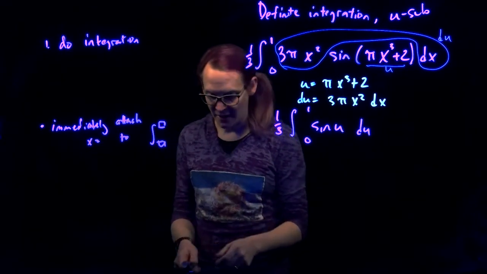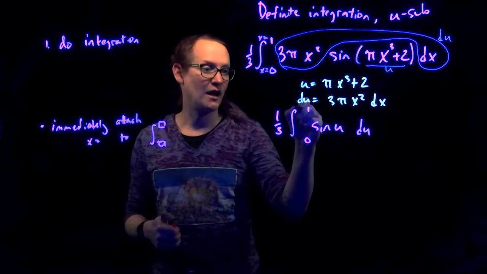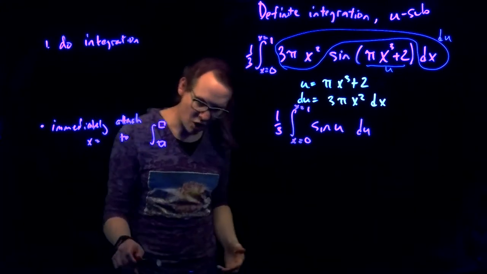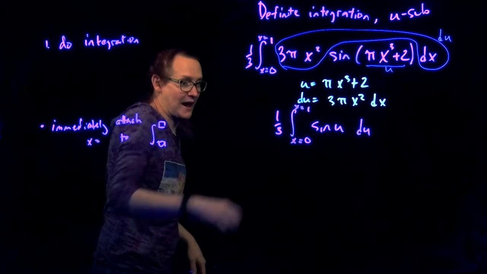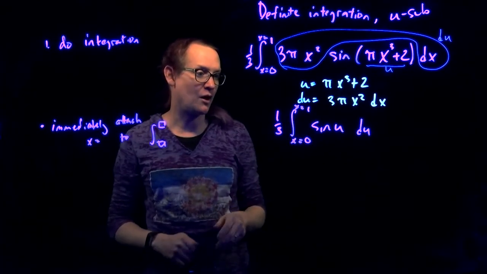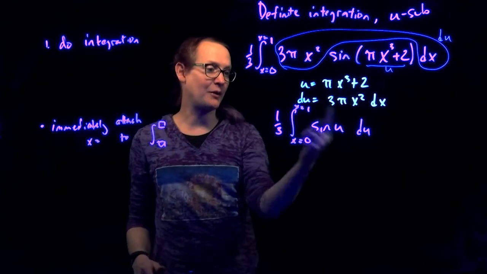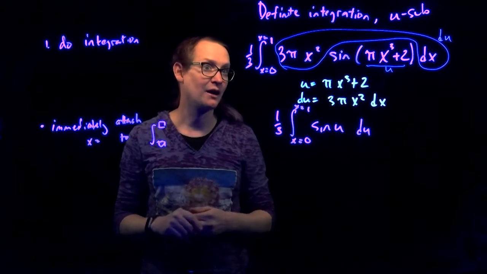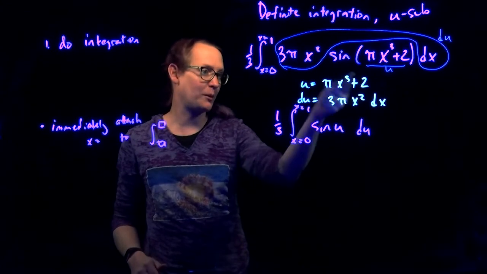What I mean by that is I really want to attach x equals, x equals, because that's the super strong visual reminder that I'm in terms of x. And in fact, if I just had 0, 1 here, I'm almost certainly wrong. Because if I don't name the variable, then we're assuming that these bounds go with this variable, and there's practically no way that that 1 and 0 map to 1 and 0 as we pass through u.